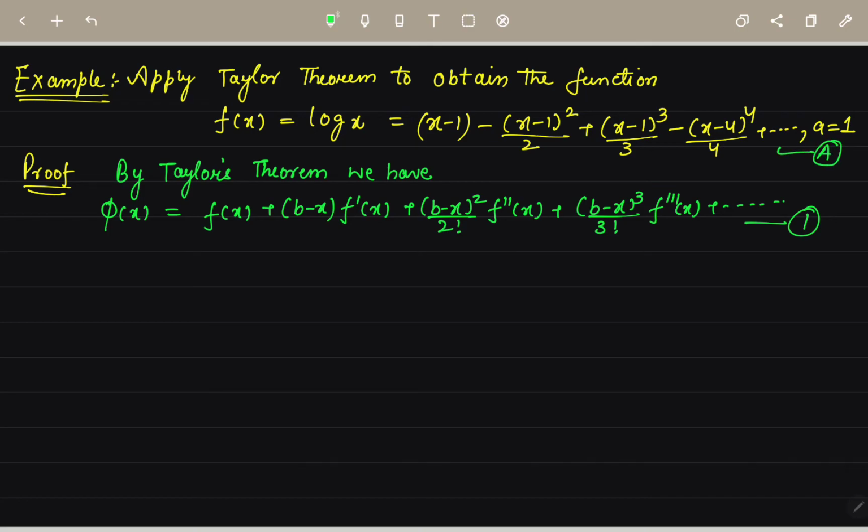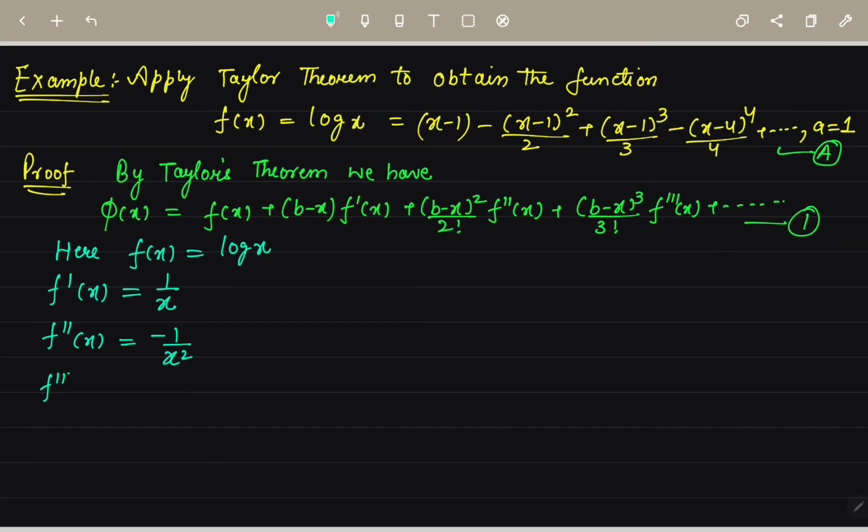So I will write here f of x is basically log x. I have to find the first derivative. The first derivative, f dash x, derivative of log x is 1 by x. Similarly, I find the second derivative and it becomes minus 1 by x square.